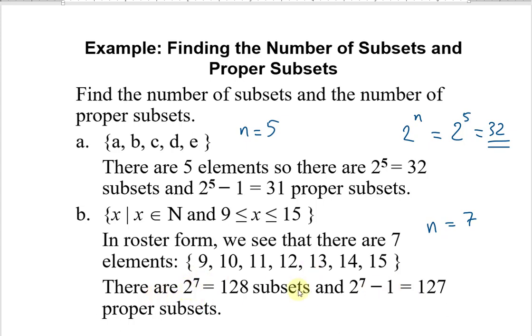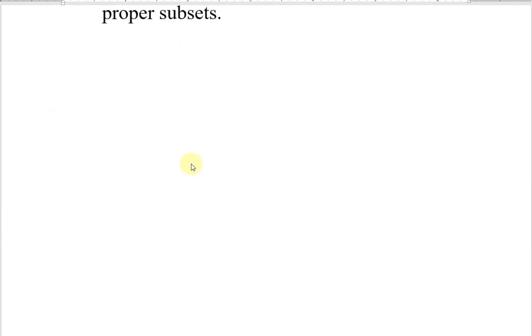Then there are 2 to the n, which is 2 to the 7, or 128 subsets, and subtract 1, which is 127 proper subsets. So subtract 1 to get the proper subsets. And that is the end of 2.1.